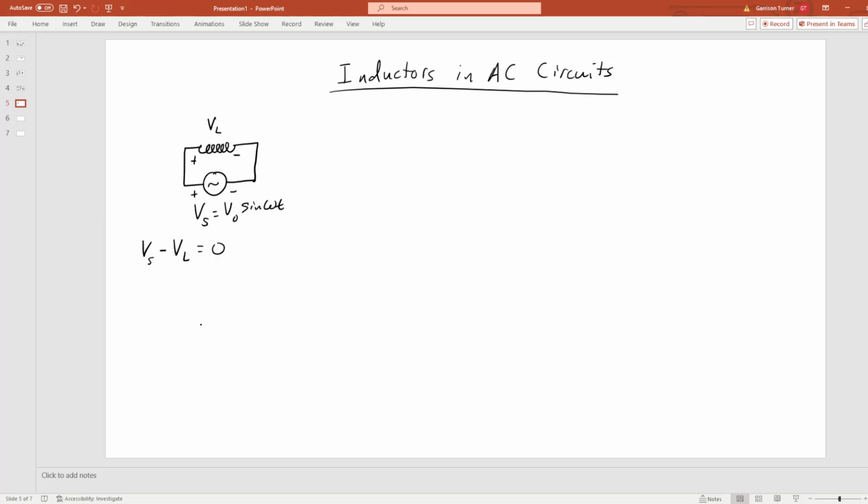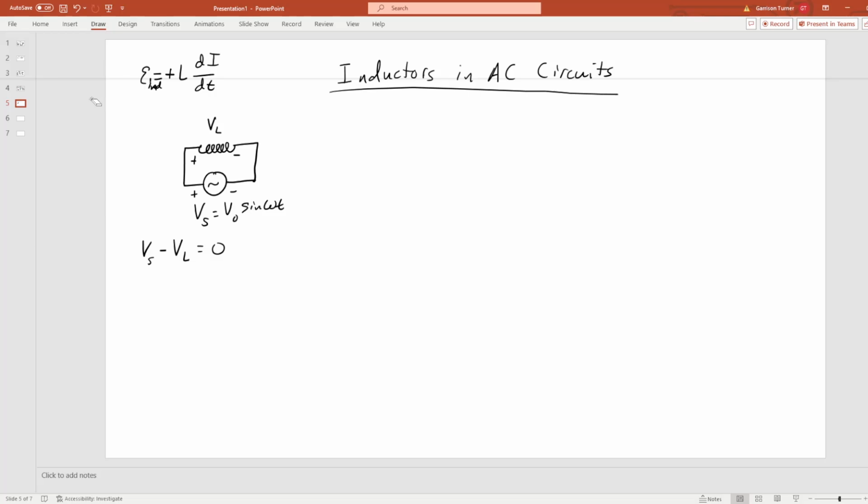But the self-induced EMF across an inductor, remember, is equal to negative L di dt, but that's the induced. Okay? So the voltage from the source must be in the opposite direction of this negative sign.